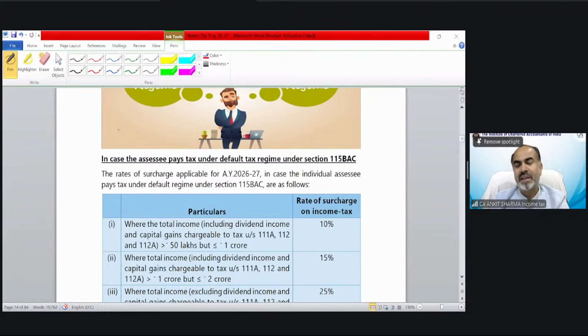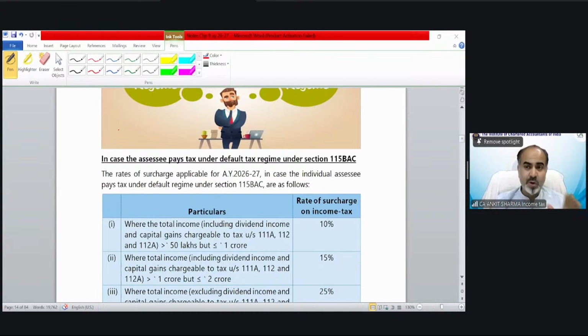Mathali is saying 37%. Exactly correct. Under optional tax regime, if your total income exceeds 5 crore, the surcharge rate will go up to 37%. But in case of default tax regime, if your total income exceeds 2 crore, the surcharge rate would remain 25%, even if your income is exceeding 3 crore, 5 crore or 10 crore. Other surcharge concept is the same.